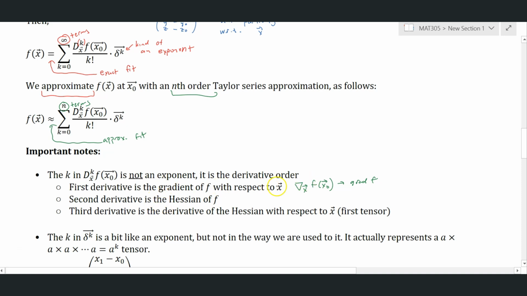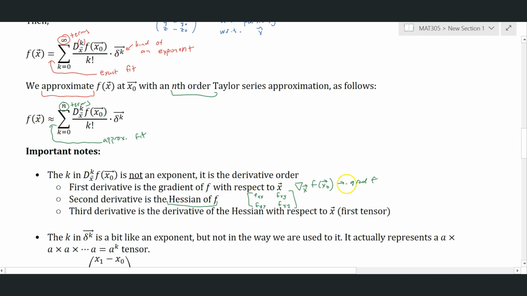Well, the second derivative, if you're taking the derivative of the gradient, then you're getting the Hessian of f, and the Hessian, remember, just contains all of the second order and mixed partial derivatives, and it tends to look something like this. You'd have fxx, fyy, and then here you would have fxy and fyx, and all that means is that we're going to have all of those derivatives.